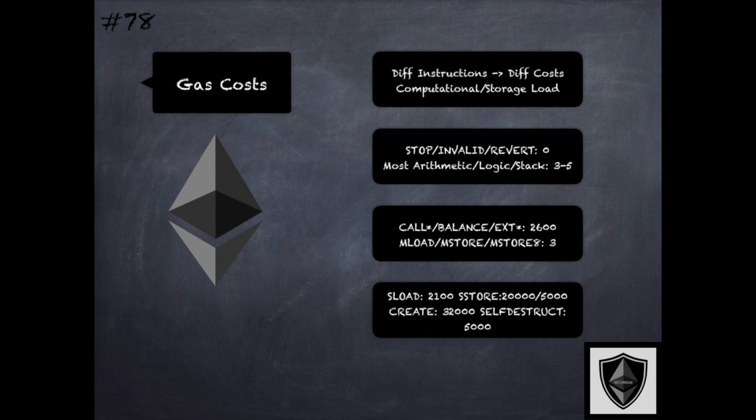Now, these gas costs have changed over the last 5 to 6 years as Ethereum has evolved. And these have changed to prevent some denial of service attacks that have also happened in the past.